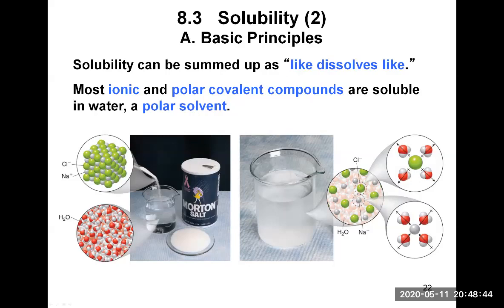And the chlorides, which are the negative ions, will be surrounded by molecules of water too, but it's the hydrogen side of the molecules of water that will turn towards the negative ion, because the hydrogen sides of water are partially positively charged. This way, water is able to dissolve a lot of ionic compounds.